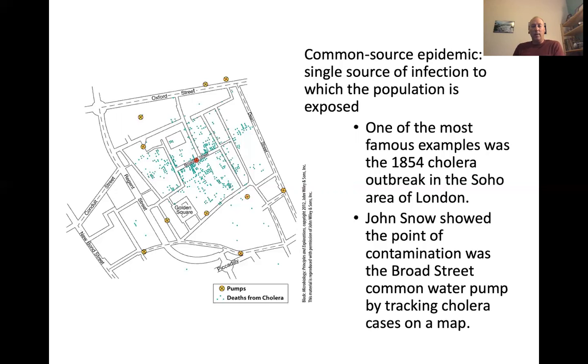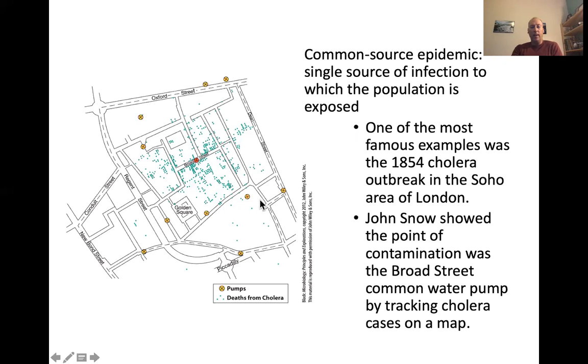And so what John Snow was able to figure out is that almost all of the people who were infected were geographically in this area shown here, and were getting their water from a pump roughly in the middle of this location, the Broad Street pump.